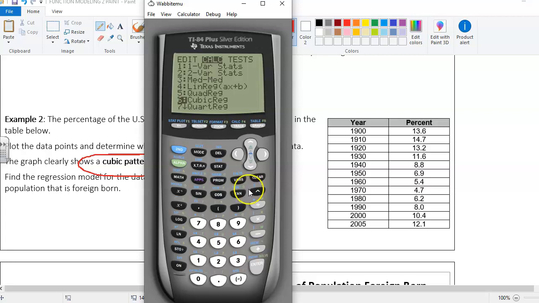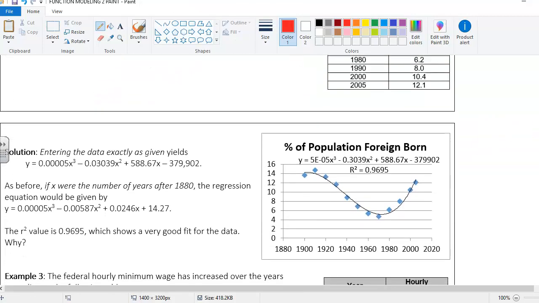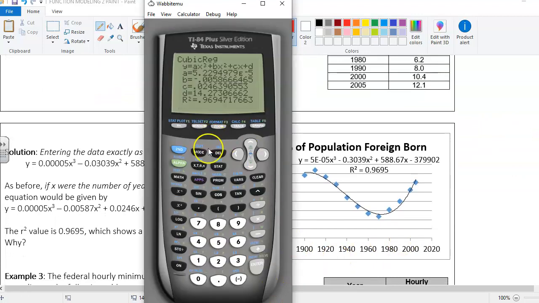Linear should make a straight line, and we're going to do another example later that's going to be something different that I want to make sure you pay super close attention to. All right, so we're going to do a cubic regression equation. That took the calculator a little while, but that's very, very normal, because a cubic regression equation is going to be really complicated. But once again, it doesn't even matter.